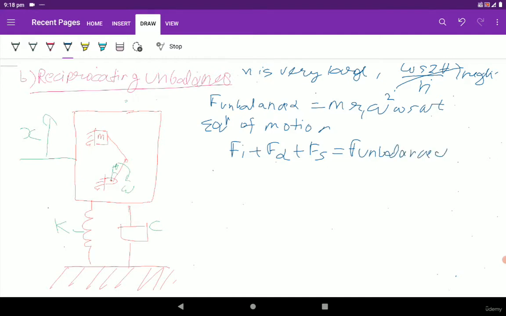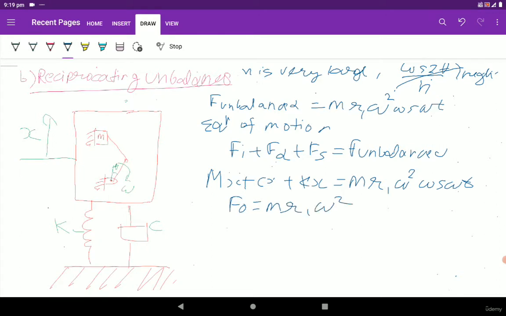So in this case, capital M x double dot plus C x dot plus K x is equal to m r1 omega square cos omega t. So we know that F naught is equal to m r1 omega square.